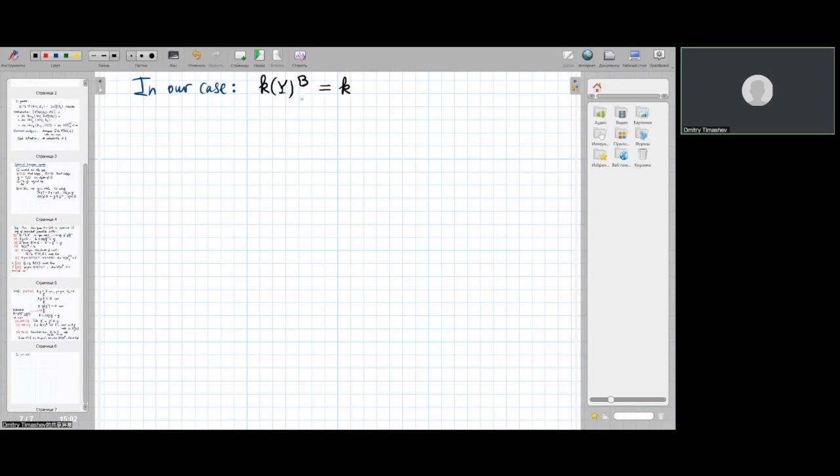Only constants are invariant rational functions. This means that for any Y in this open subset U, where the orbits are separated by invariant functions, for any point Y in this open subset, its orbit contains the whole U.